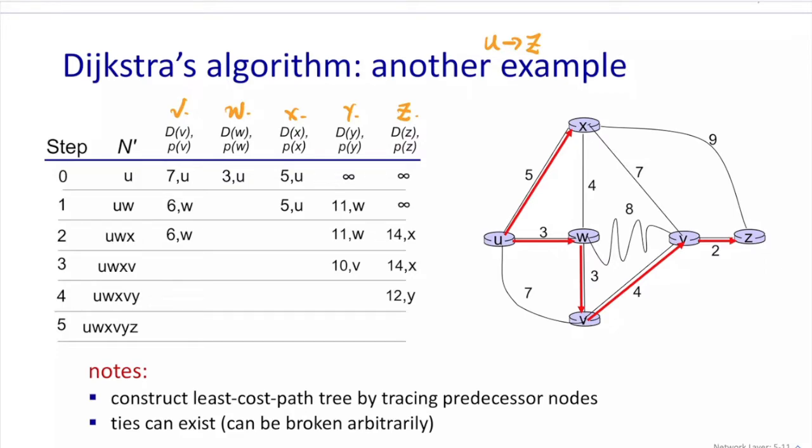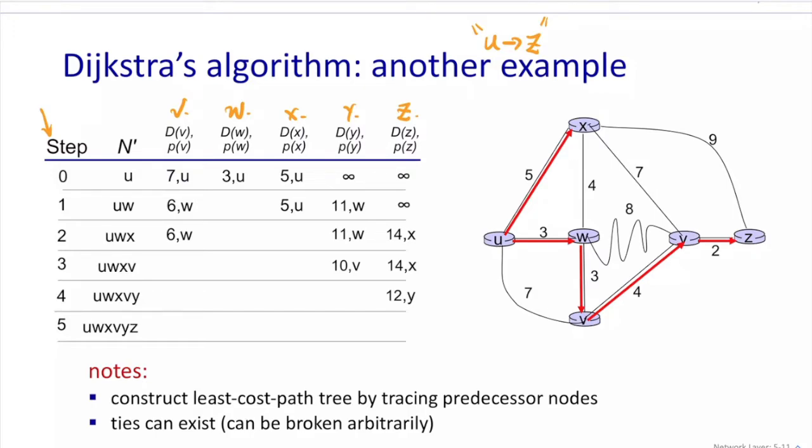Now we have a question: how do we find a shortest path, which means a path that has minimal cost, the summation of the costs, from U to Z? We have 6 different nodes in this graph. So remember one thing, we will have 6 steps, which we mark as 0, 1, 2, 3, 4, 5.